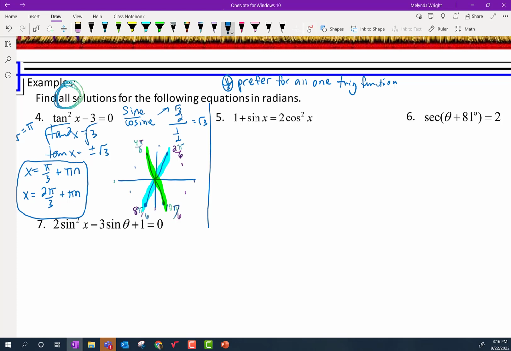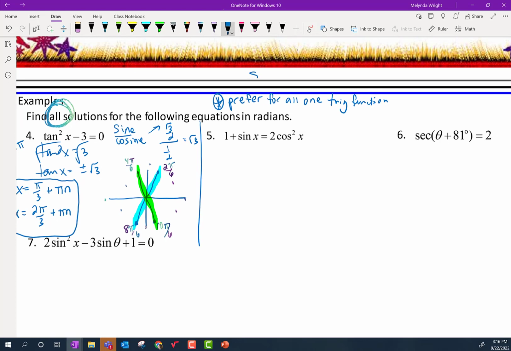And since sine squared plus cosine squared is 1, it would be far easier for me to remove the cosine squared and put in its place 1 minus sine squared.